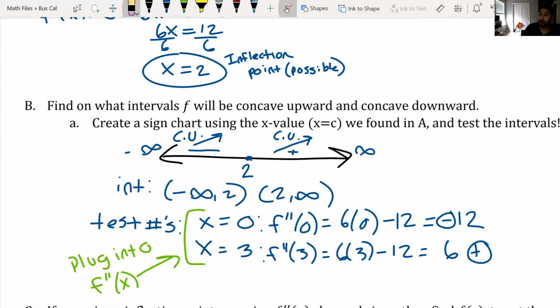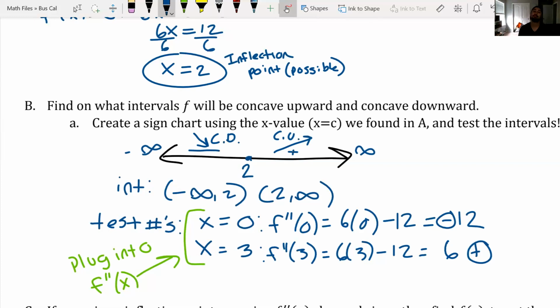Now, here's the mistake I made. From negative infinity to 2, we're not concave up, and we're not increasing. I don't know what I was thinking. Think it's my allergies. So, from negative infinity to 2, the second derivative is negative, which means the first derivative is decreasing, which means we are concave down. Sorry about that.